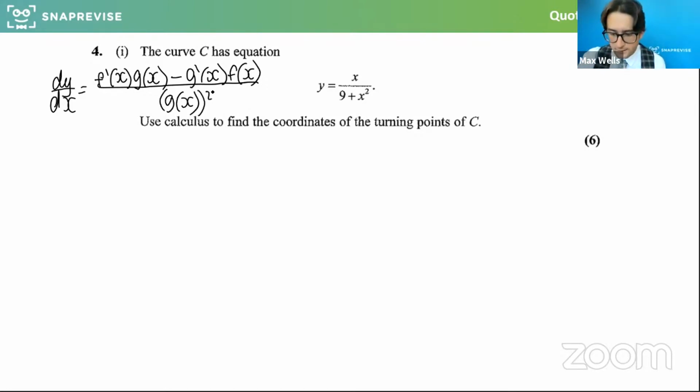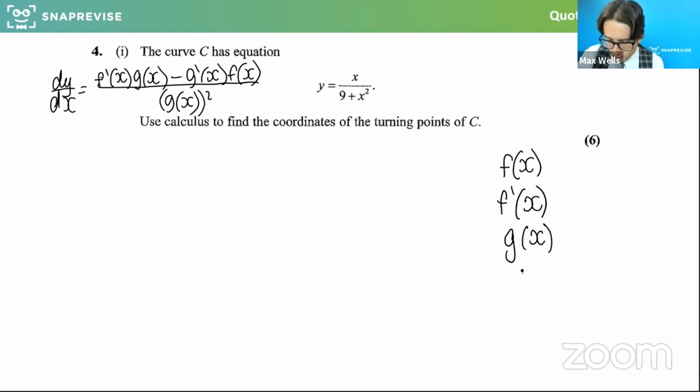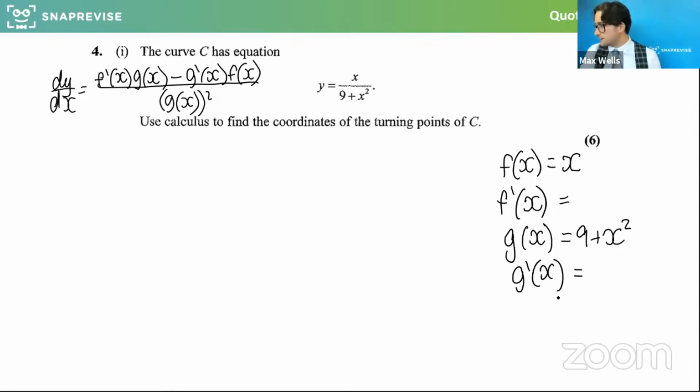So let's think, what's f of x? What's f dash of x? And hopefully these are nicer derivatives to do. These are more like year 12 style differentiation questions. The function on the top was x, so that should be okay to differentiate. The function on the bottom was 9 plus x squared, so that should be okay to differentiate. So what is the derivative of x?